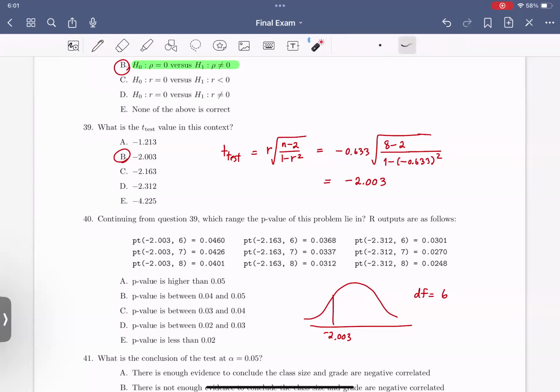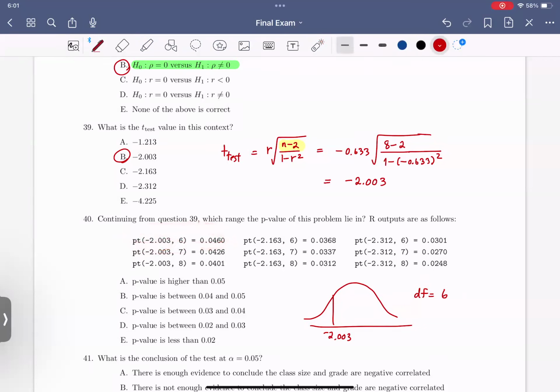Remember that the degrees of freedom for this test is n minus 2. So degrees of freedom is 6. That means you're going to use the top row here. The t-test from question 39 is this one, and this is the correct degrees of freedom.